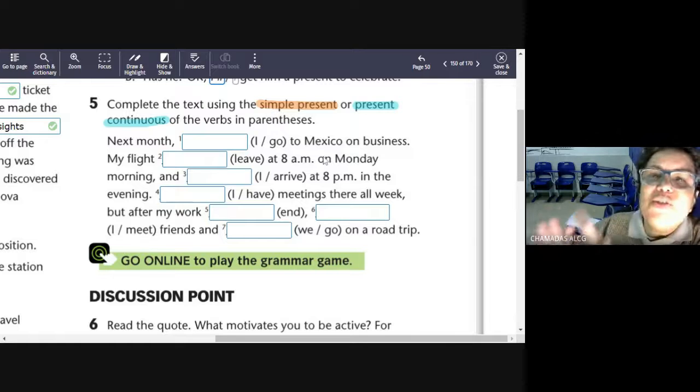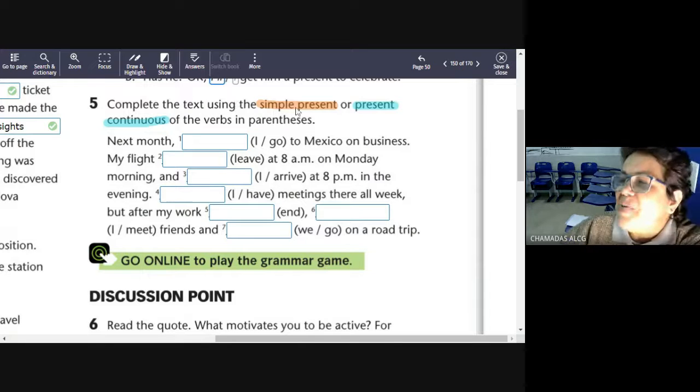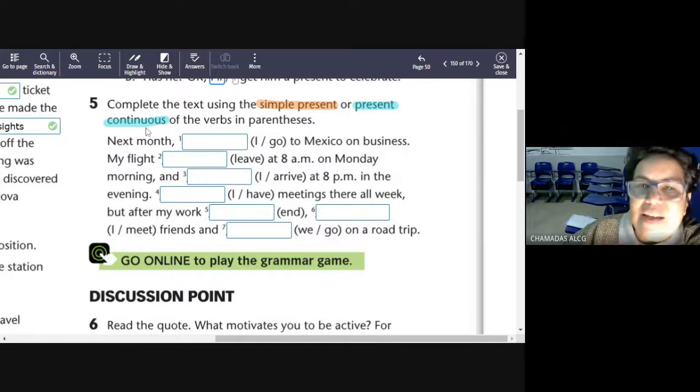You can't use the future. You can't say I will go or I'm going to go. Okay? Yes, the best option here is the present continuous.